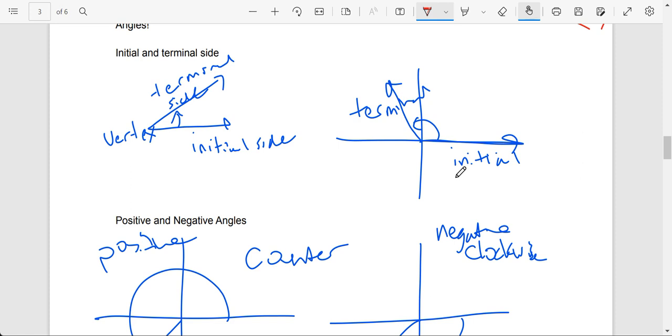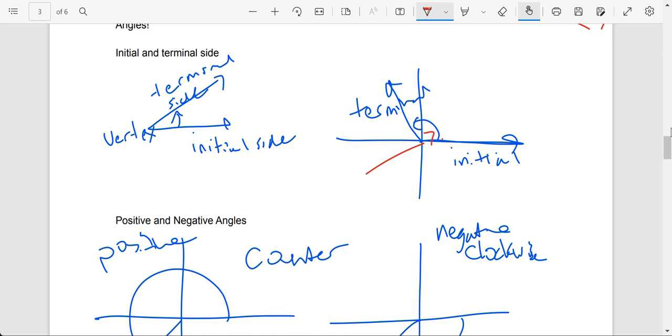If I ask you to guess what the angle is probably going to be about, if you said something between 90 and 180, you'd be right, because in your coordinate plane, this is 90 degrees right there. If it goes a little beyond 90 degrees, but not beyond that, we're down in this quadrant, you're going to be between 90 and 180.